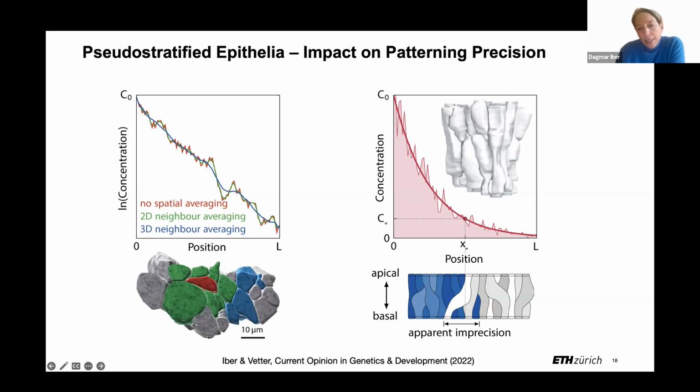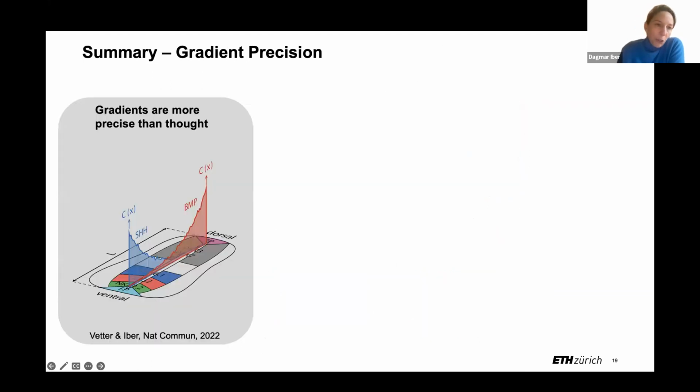And so that means that the positional error of 2.53 cells is probably overestimated. So we think patterning is probably more precise. And as I showed, it could be subcellular. So it probably is ultimately precise, means at a single cell position.